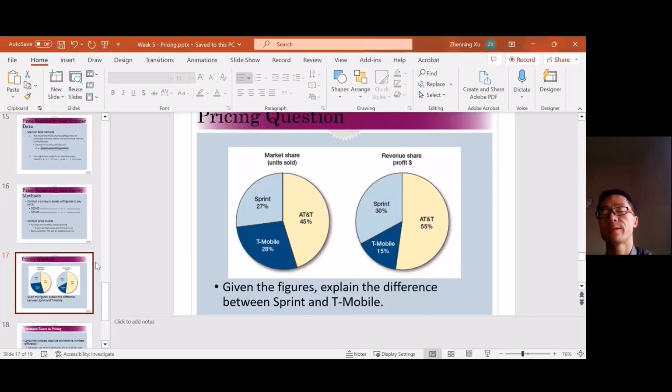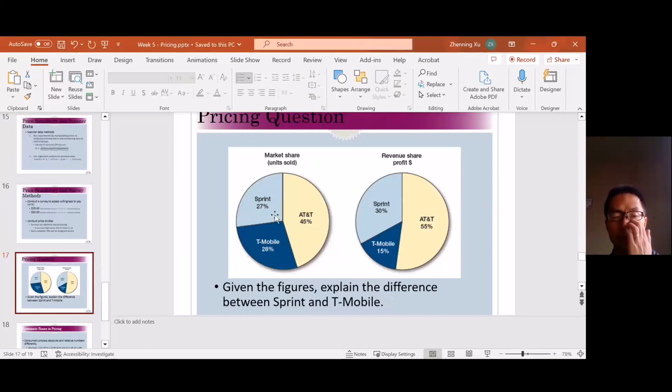Now think about market share and revenue. Some products are more likely to be responsive to price changes, for example internet services. Here there are probably differences between Sprint, T-Mobile, and AT&T.